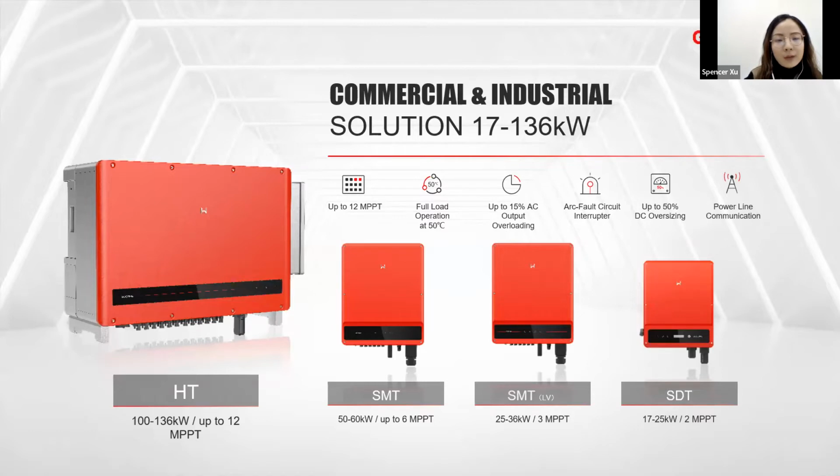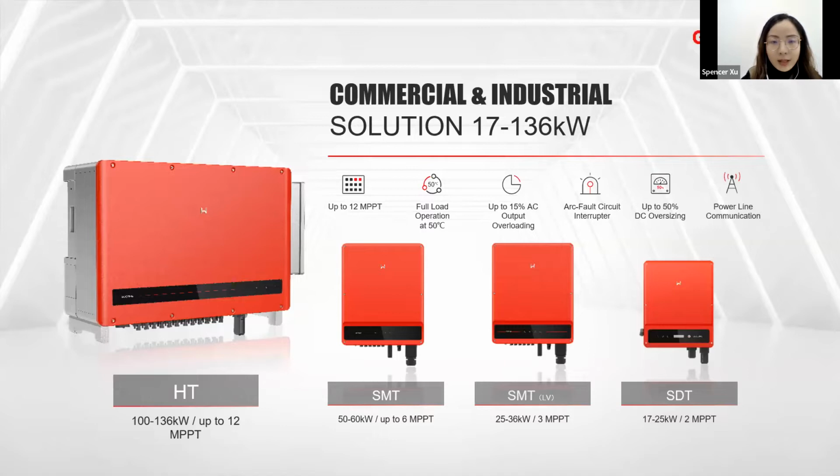We also have the SMT series, which is from 25 to 60 kilowatts, with 3 to 6 MPPTs. And for even larger C&I projects, we offer the HT series, from 100 to 136 kilowatts, with more MPPTs, up to 12 MPPTs.